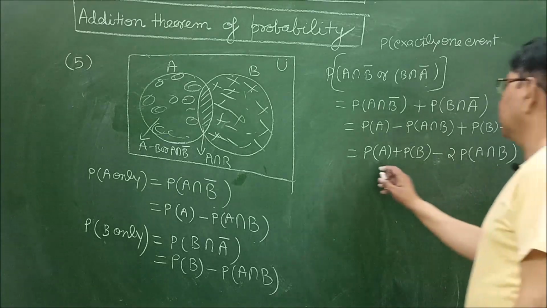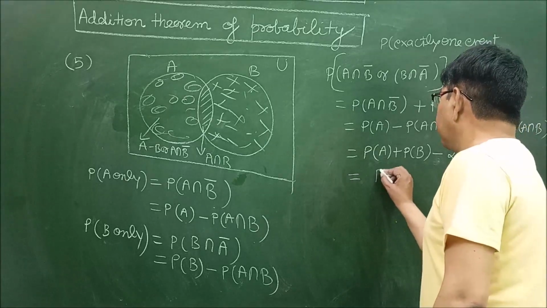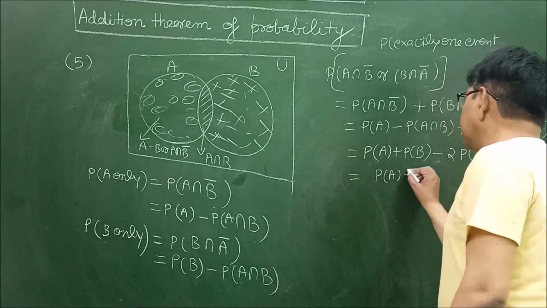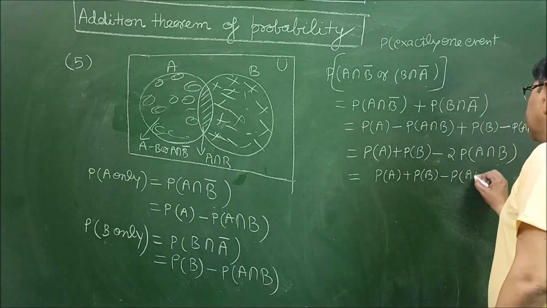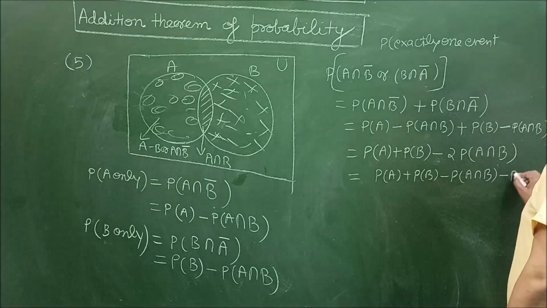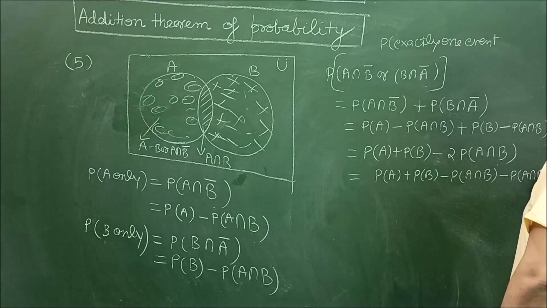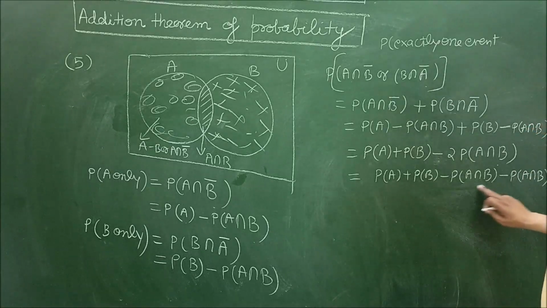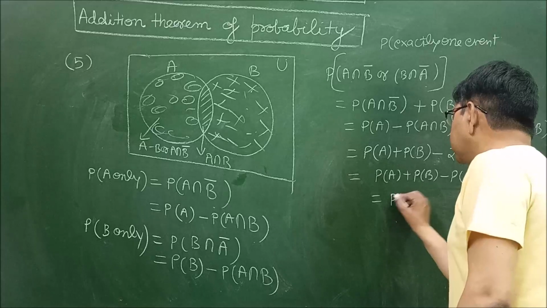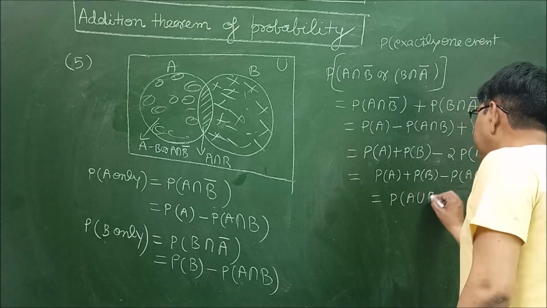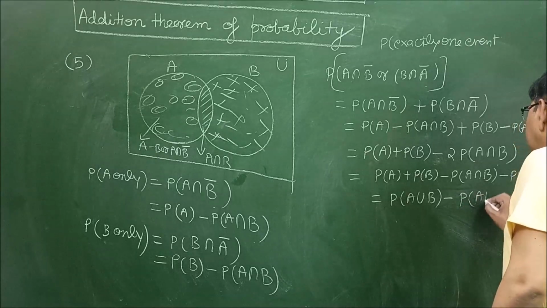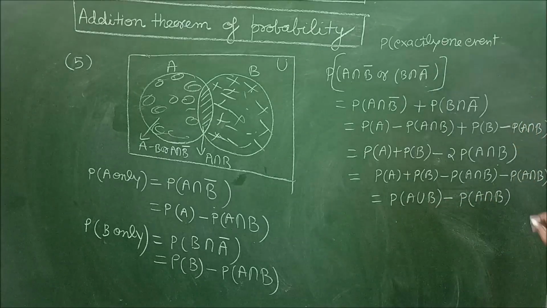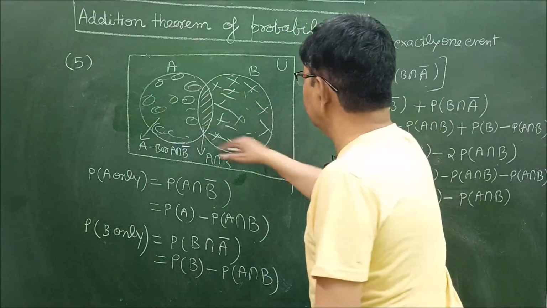This is also equal to probability of A plus probability of B minus probability of A intersection B minus probability of A intersection B. And you know the first three together equal A union B, so this is also equal to probability of A union B minus probability of A intersection B, which is very clear from this whole A union B region.